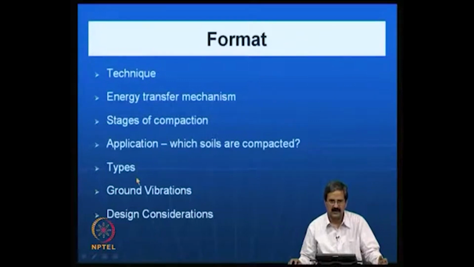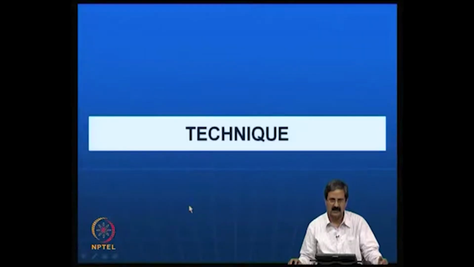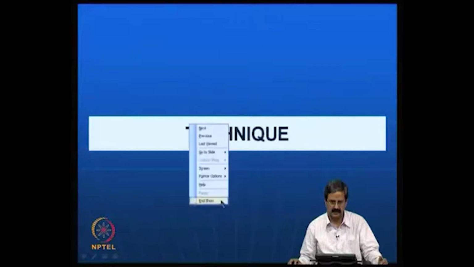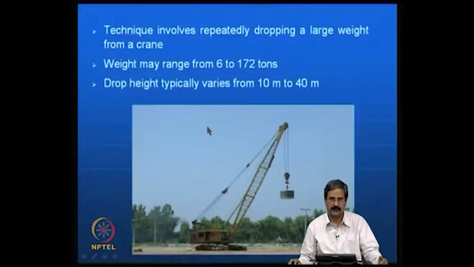Once you do this sort of dynamic compaction, which involves huge weights being dropped onto the ground, there could be ground vibrations generated. So, how do you handle them and what are the design issues? We will be seeing some of these points one by one. The technique essentially involves repeated dropping of a large weight from a crane.